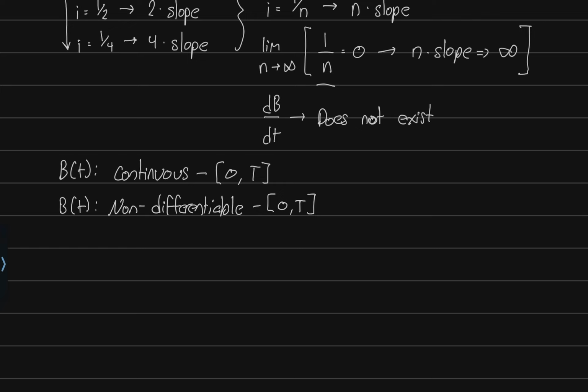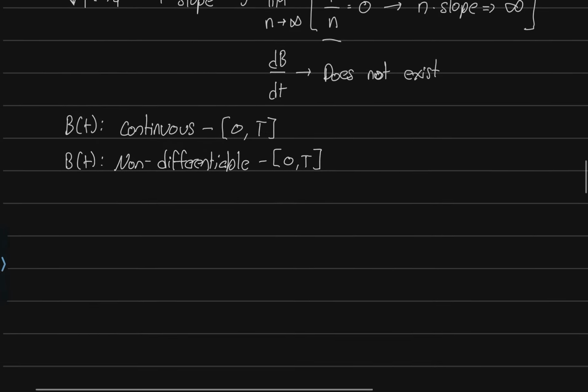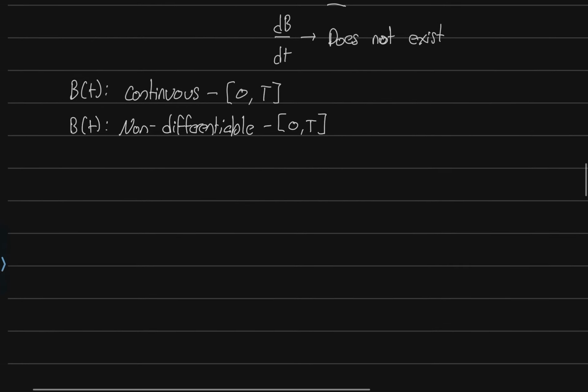So essentially what we have is a continuous time process which cannot be differentiated, which will make analysis quite difficult. And obviously, if we can't differentiate with regular calculus means, then it'll be that much harder to integrate.